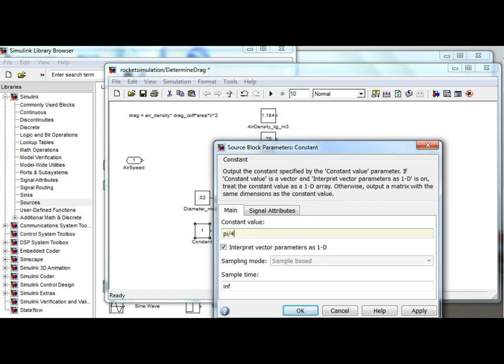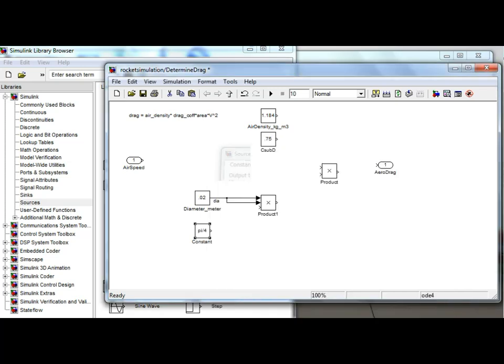I can put in pi as a constant in the MATLAB workspace that's just generally available, or I can do a little bit of math in the block, and I can label this pi over 4. I put that up here, and I'll send my output up to this product for now. This is diameter, or area.